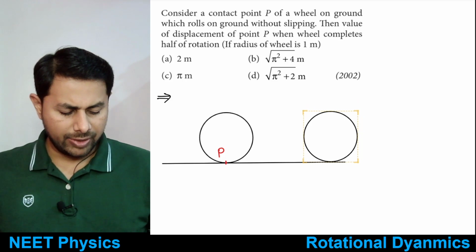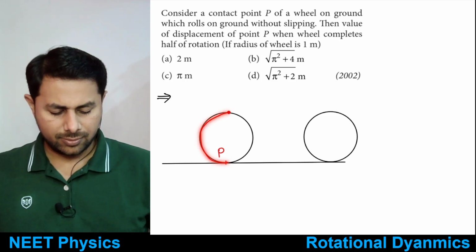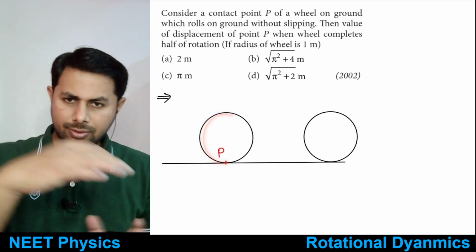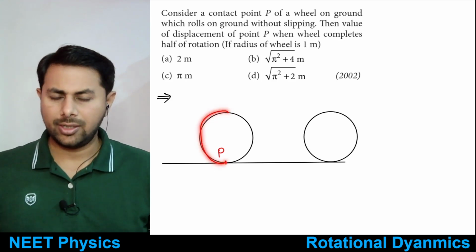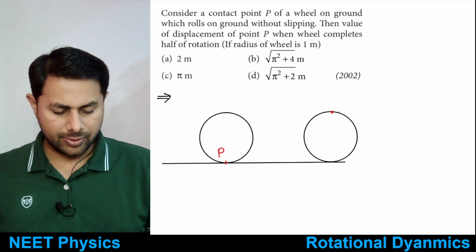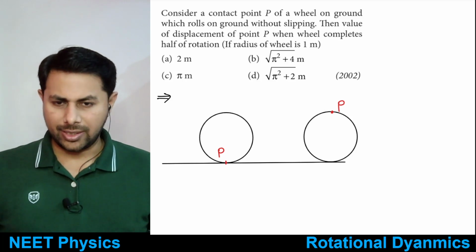Where will this point go when it completes half rotation? So that means this point will go to the top. It's option B. Okay, let's check.